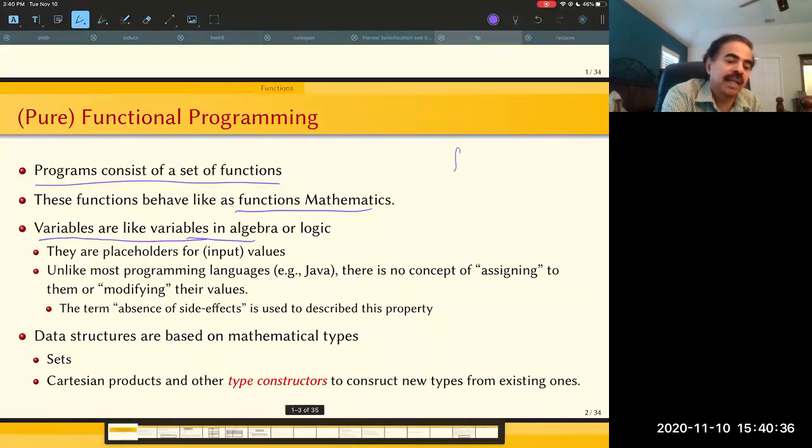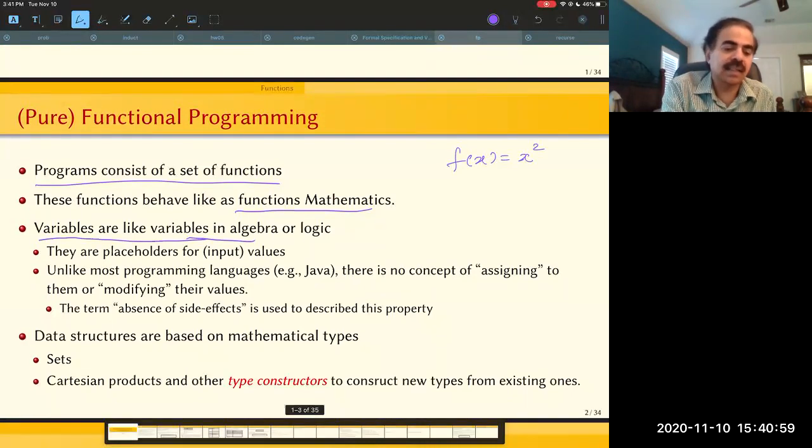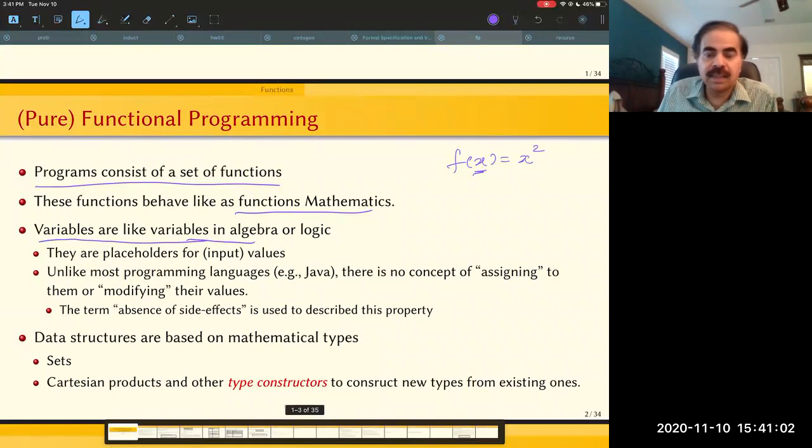They are much more like variables in algebra, right? So when we say f of x equals x squared, this is not quite the same way we think of variables in Java, where a variable is stored in memory and has a certain value. You can assign some value to it at some point, and then later on you can assign a different value to it and so on. That's not the notion of variables in math. In math and in algebra, variables are simply placeholders, right?